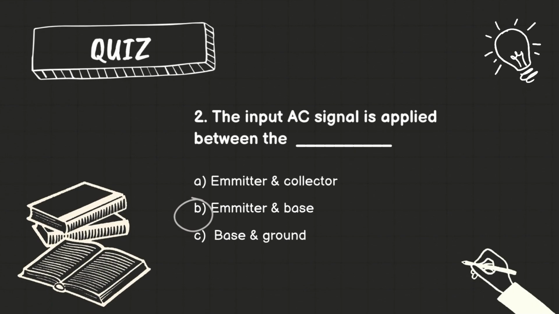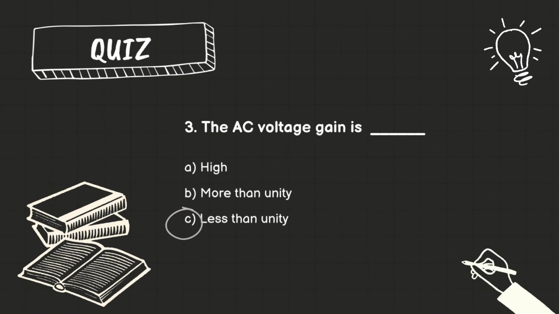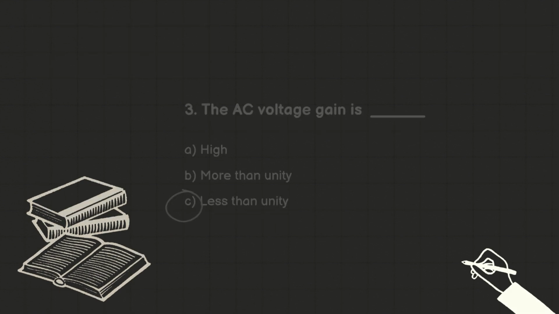For question 2, the input AC signal is applied between the base and emitter. It's because the input signal modulates the voltage across the base-emitter junction, which controls the transistor operation. Question 3. The AC voltage gain is less than unity because the voltage gain is less than 1.